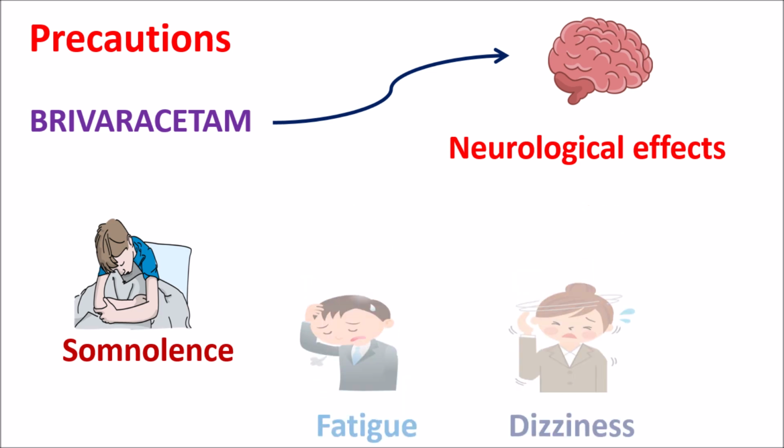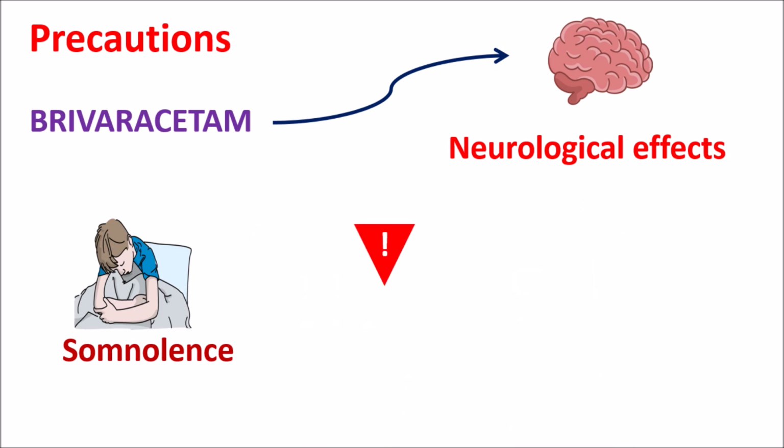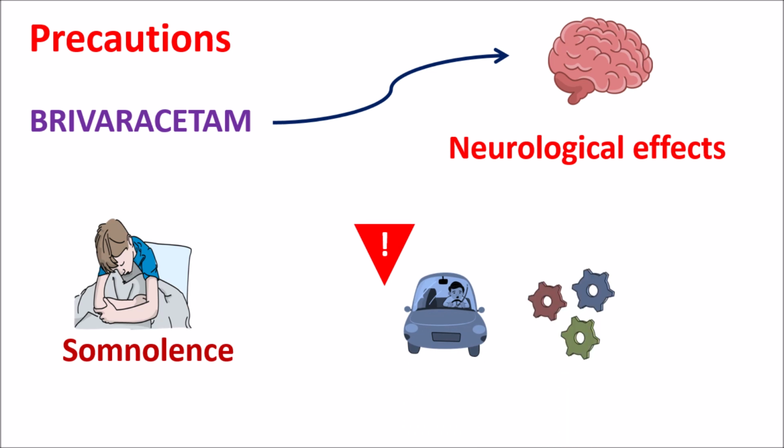That's why whenever brivaracetam is administered, care should be taken while driving vehicles or working with machinery, because this drug can reduce attention and it can increase sleepiness in the people. In such conditions, care should be taken, as it may lead to accidents during driving or working with machinery.